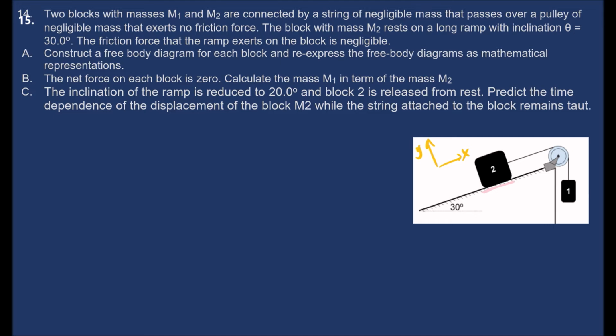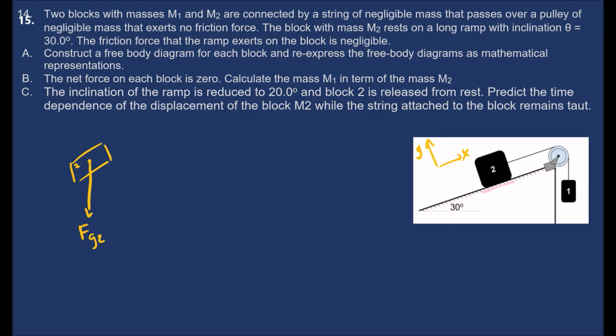So constructing a free body diagram, let's start out with our free body diagram for mass 2. Here we have mass 2, I'll label that right there. We have a force of gravity, and force of gravity always acts straight down. It's a terrible straight line, but that's about as good as it's probably going to get. So we have force of gravity for block 2 acting straight downward.